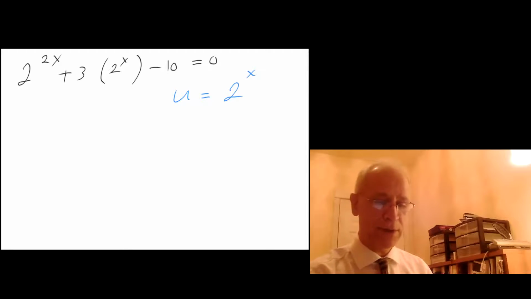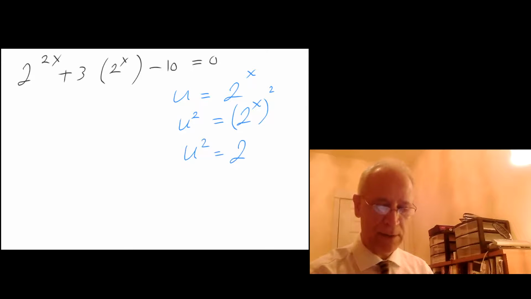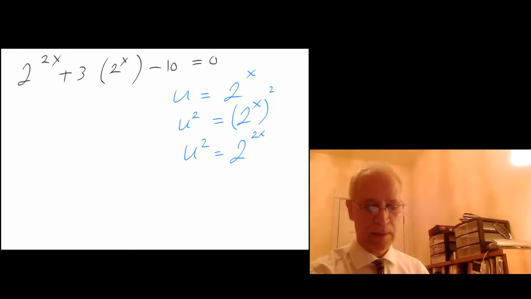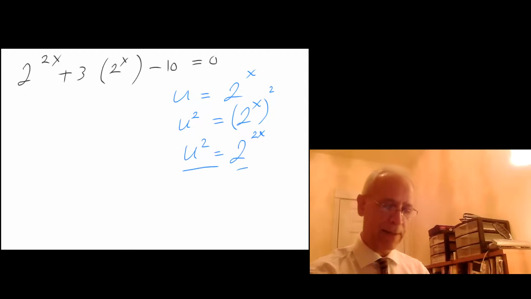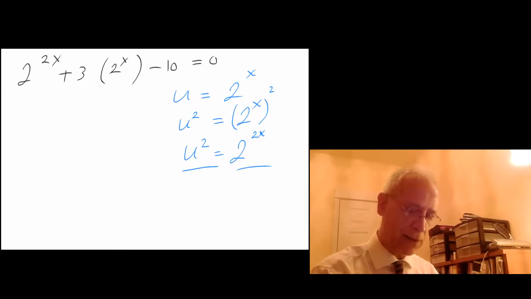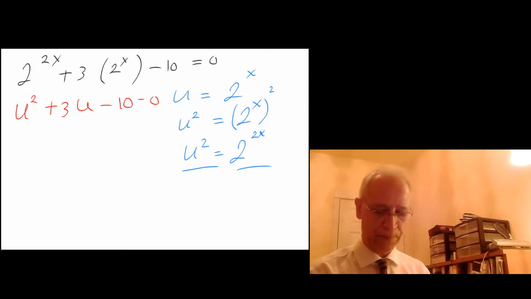If you square both sides of this equation, then you have u squared equals 2 to the power of x to the second power. That's the same as saying u squared equals 2 to the 2x. Now using these, I can substitute. Instead of 2 to the power of 2x, I have u squared plus 3u minus 10 equals 0.